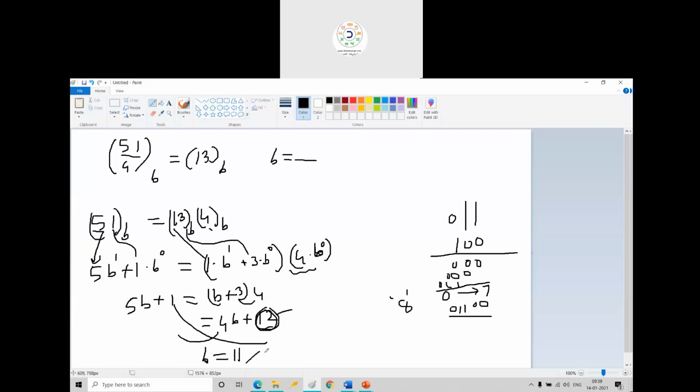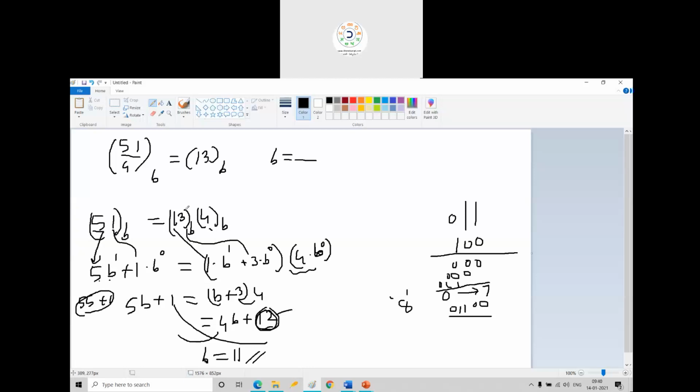If you want to cross check whether this is correct or not, let us do a quick analysis. Let us put 51 here. The base is assumed to be 11 now. So 5 into 11 is going to become 55, plus this is simply 1, so that is going to become 56 on the left side. Let us check on the right side whether this gives the same answer.